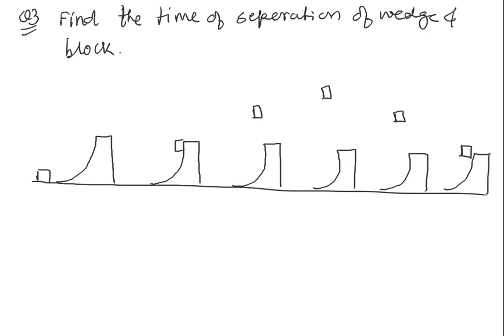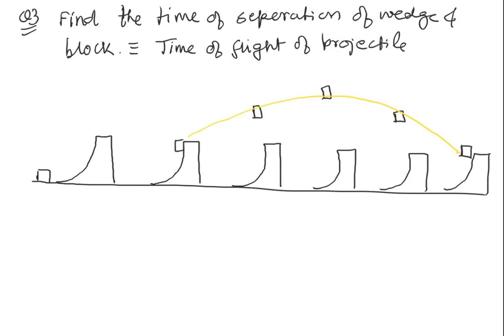So basically, all I have to do is find the time of flight of the projectile. So this must be equal to the time of flight of the projectile, which is equal to 2uy upon g.